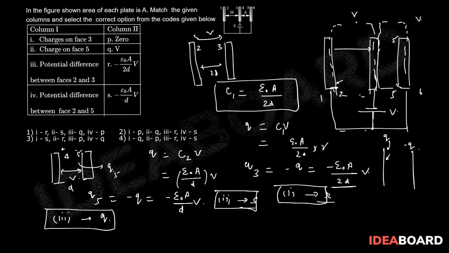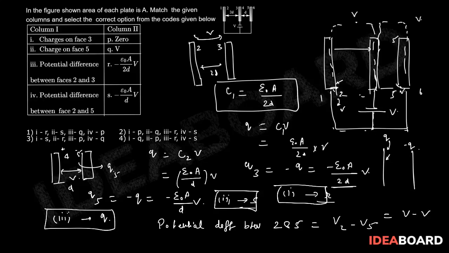So this phase is having potential V, same as this phase is potential V. So the potential difference between 2 and 5 will be V2 minus V5, which says V minus V, which is 0. So which option is correct? We can say fourth will be matched with P. 0 will be the answer.